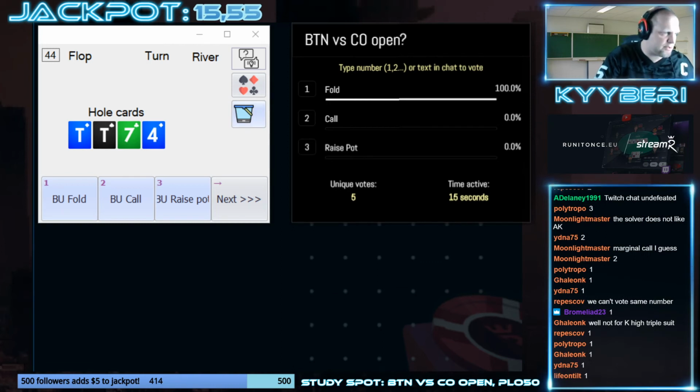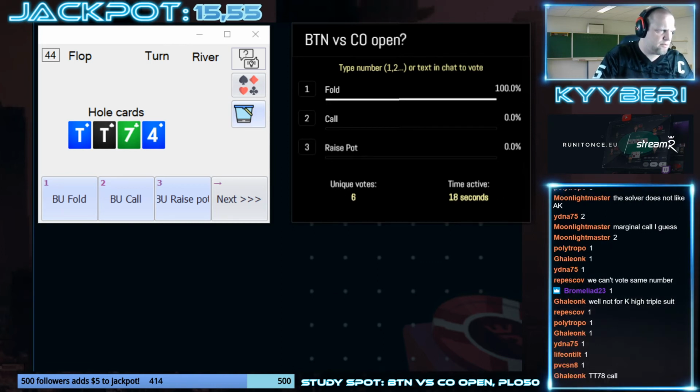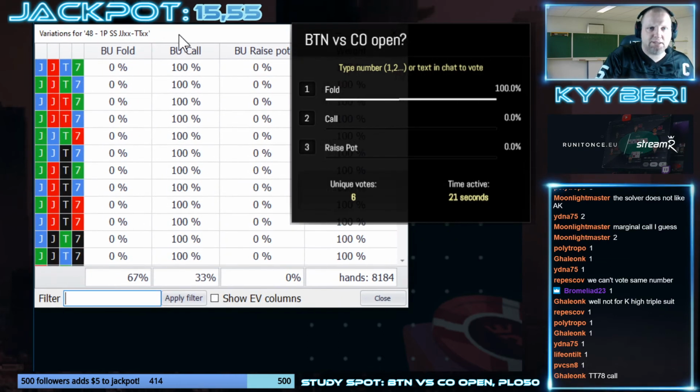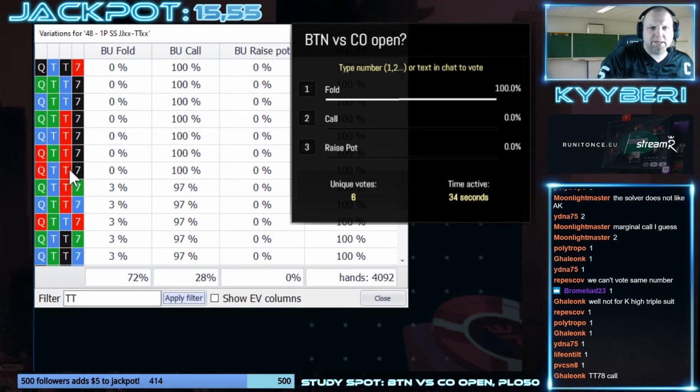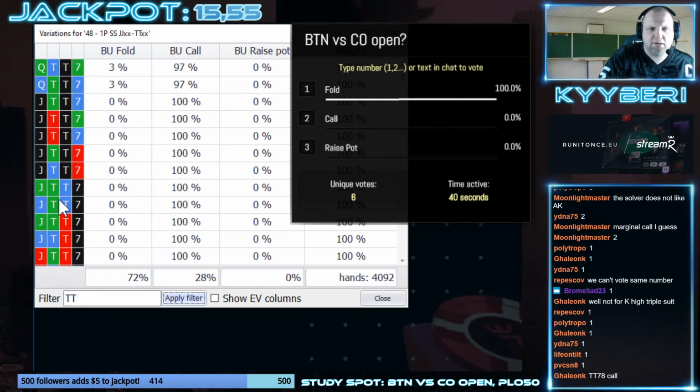Let's open the bucket. We have here jacks and tens. So let's make a filter of pocket tens. Oh, only 28% is a call. And it seems to need to be connected, and all the cards are 8 or higher.